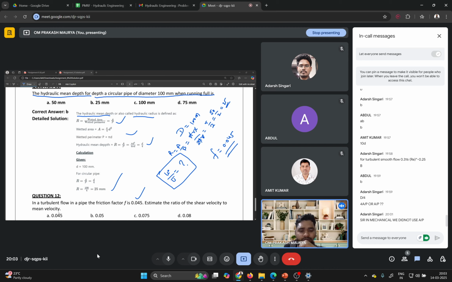I think the formula should be the same everywhere, or maybe the terminology will be different for another formula. So just please try to give the answer for question number 12.